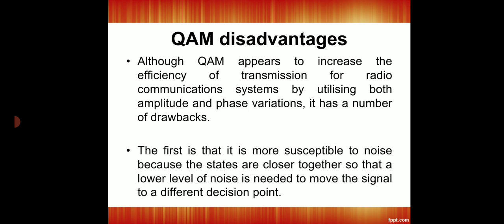And the disadvantages. It appears to increase the efficiency of transmission for radio communication systems, and this can utilize both amplitude and phase variation. That is one of the drawbacks. The first one is that it is more susceptible to noise. The states are very close together, so only a lower level of noise is needed to move the signal to a different decision point.